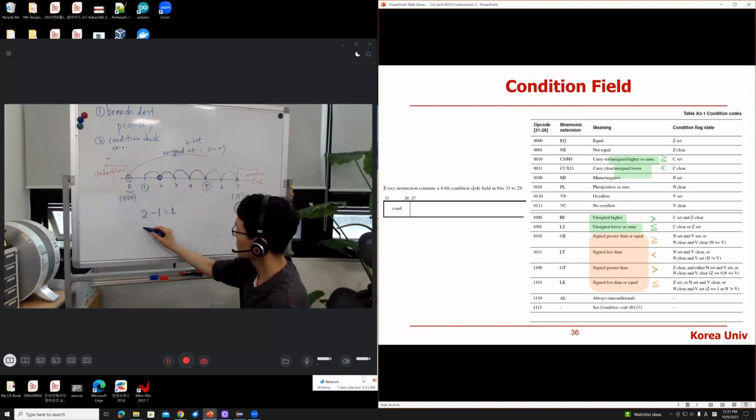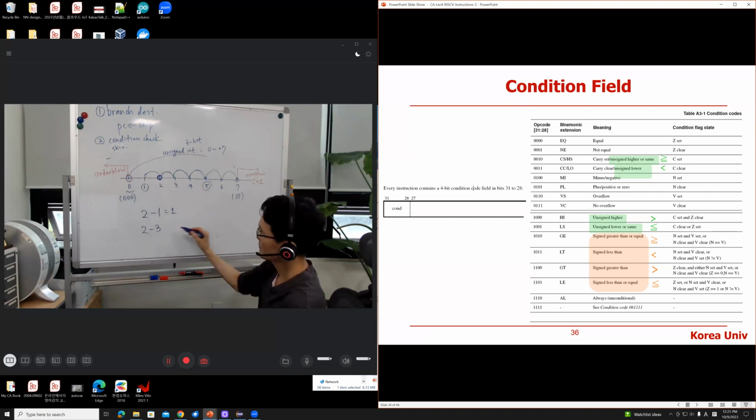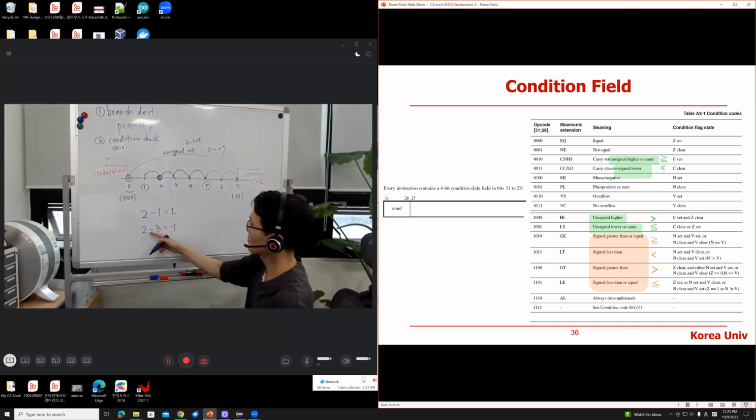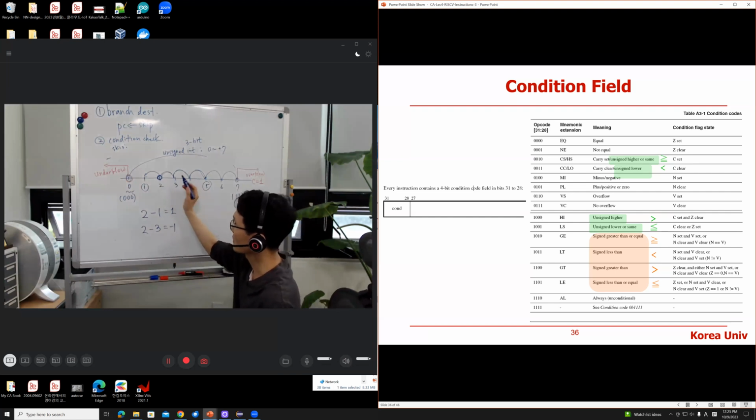But what if you do 2 minus 3? Then the actual answer is minus 1, but the computer cannot represent this minus 1. So we say underflow happened. Let's do the same thing graphically.